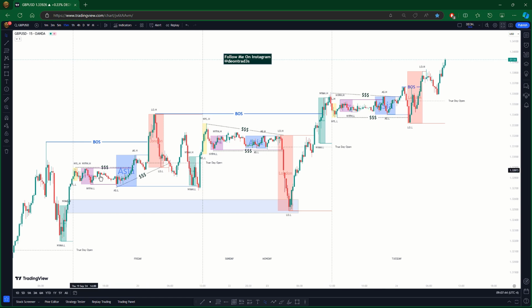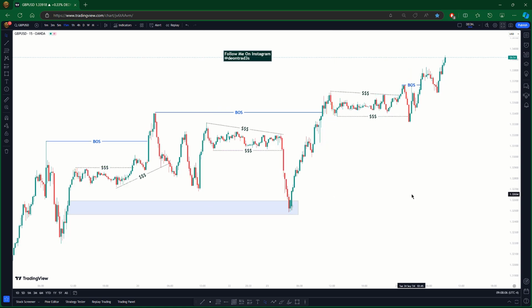And you can see which session was taking out this liquidity build-up. It was London here. Liquidity build-up, manipulation. So in London is where you expect most of the time manipulation to happen.